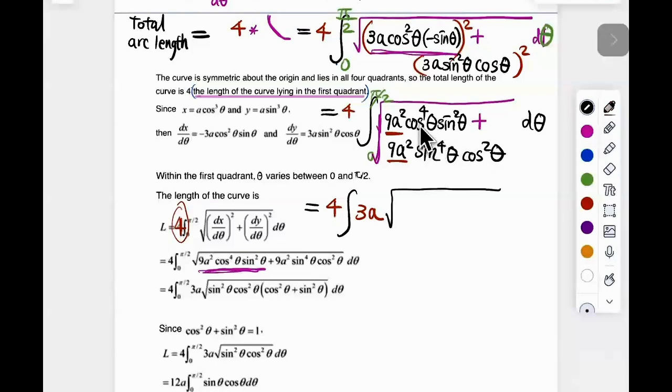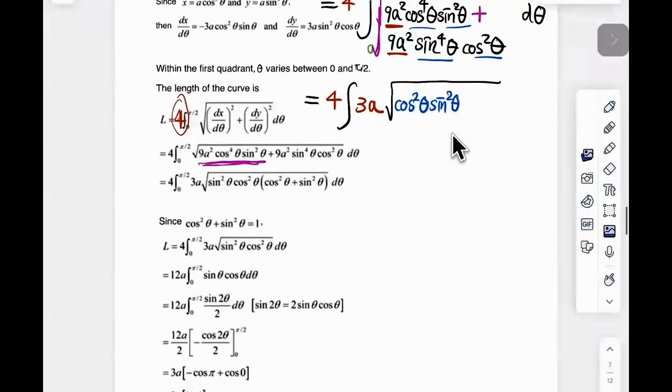Yeah, cosine squared, sine squared, right? Yeah, you got it. So the common factor here will be cosine squared, sine squared. Take it out.